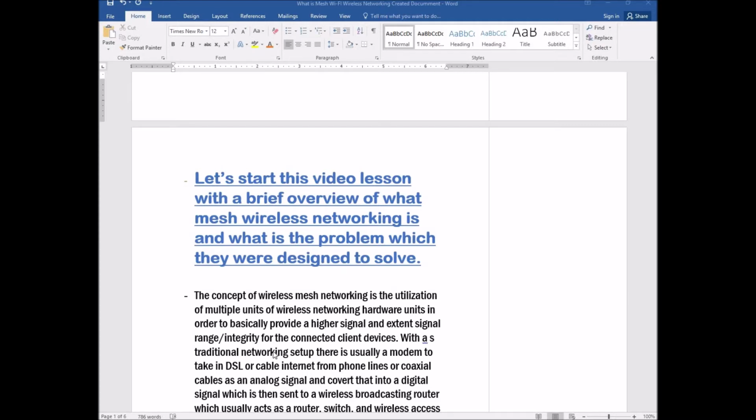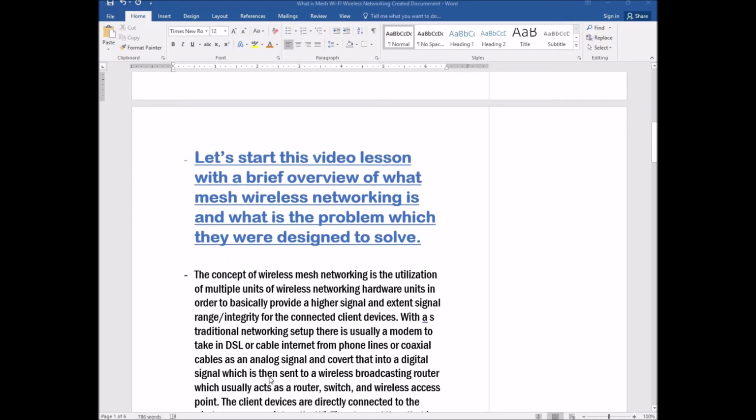With a traditional networking setup, there is usually a modem to take in DSL or cable internet from phone lines or coaxial cables, such as an analog signal, and convert that into a digital signal, which is then sent to a wireless broadcasting router, which usually acts as a router, a switch, and a wireless access point.